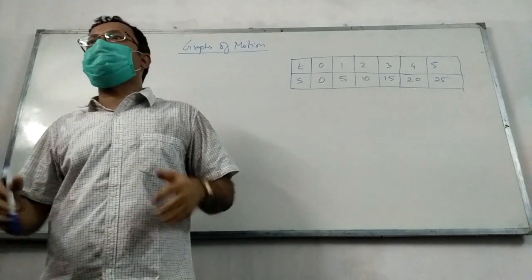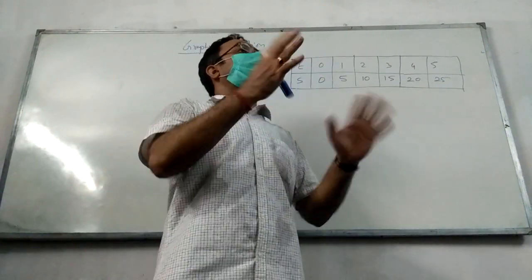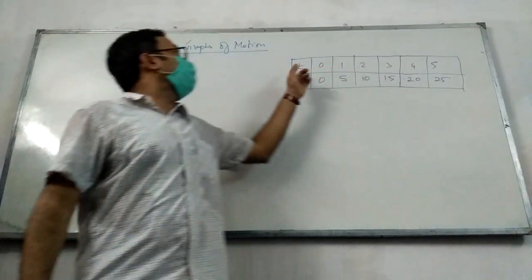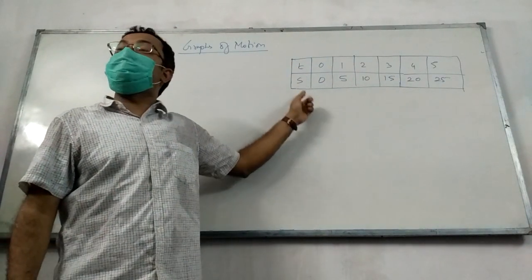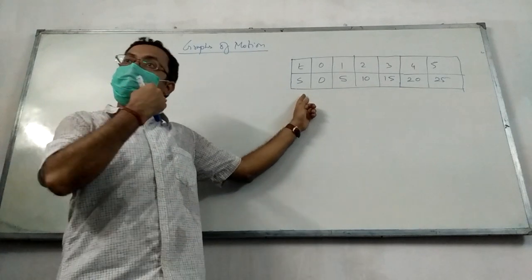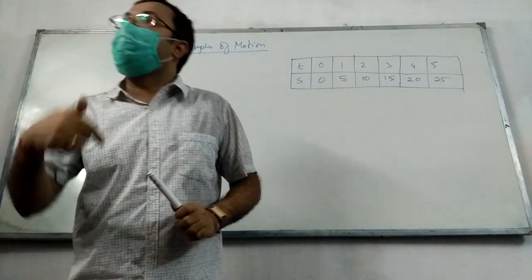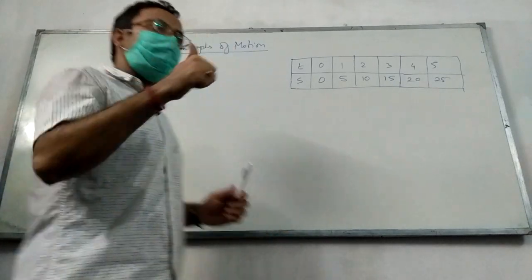Time, obviously time, because time governs the displacement, right? With respect to time, we measure it. So time is the independent variable and displacement is the dependent variable. So we generally plot the independent variable along the x-axis and the dependent variable along the y-axis. Is that clear? So let's plot it.